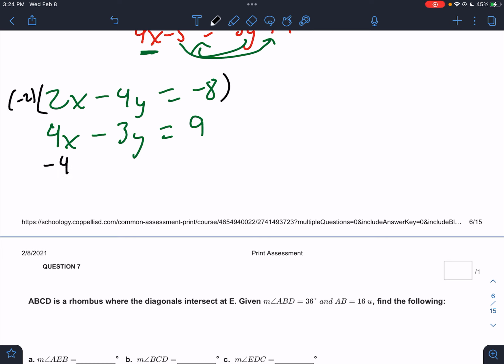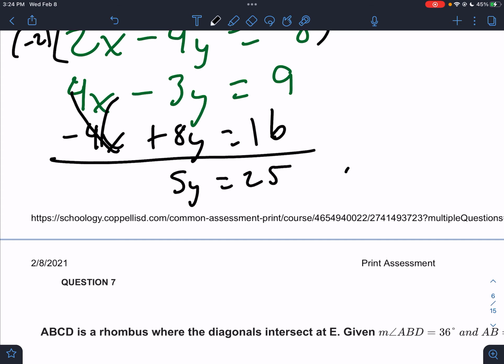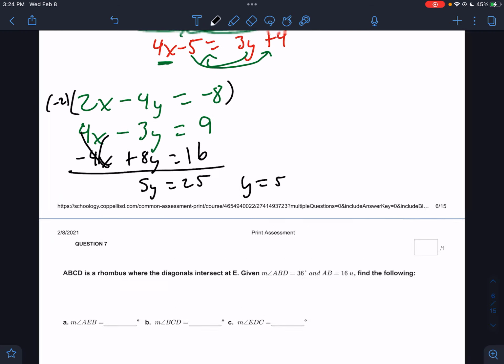That'll give me negative 4x plus 8y equals positive 16. And there, what happens when you have 4 and negative 4? They kill each other. They're dead. They're gone. It's a fight to the death and no one won. And then I have 5y and 25, so y equals 5.